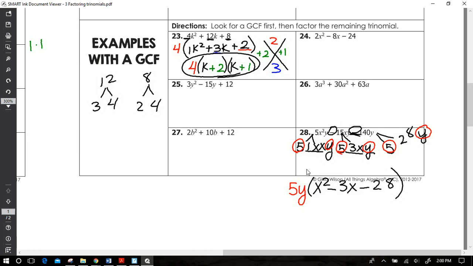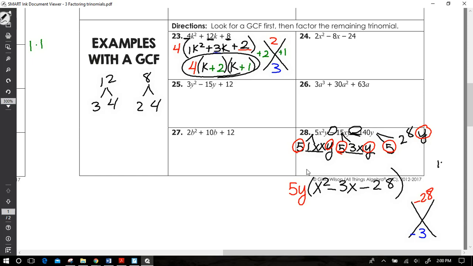All right, now I'm ready to do my X puzzle where the negative 28 goes on top and the negative 3 goes on bottom. Let's think about all the different ways that you can multiply to get to 28.